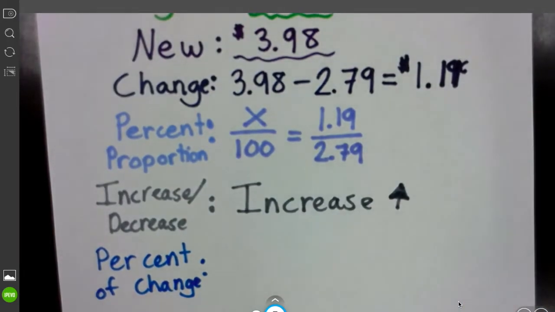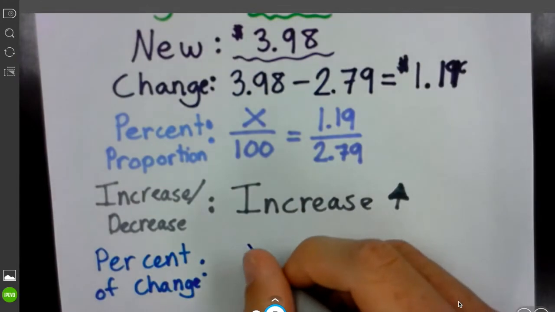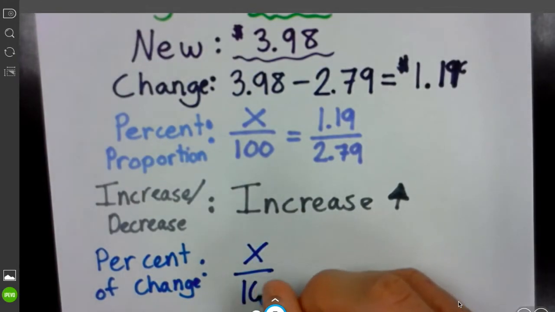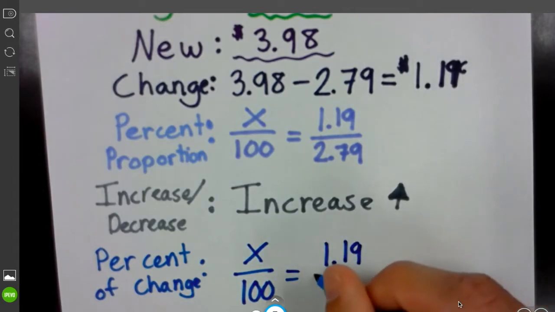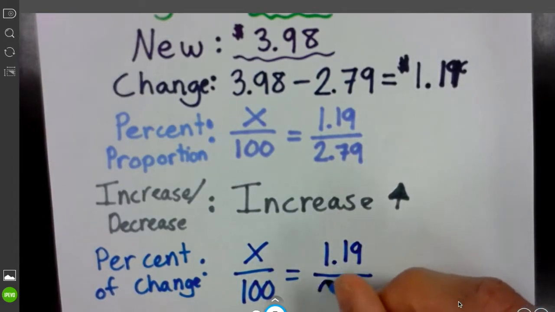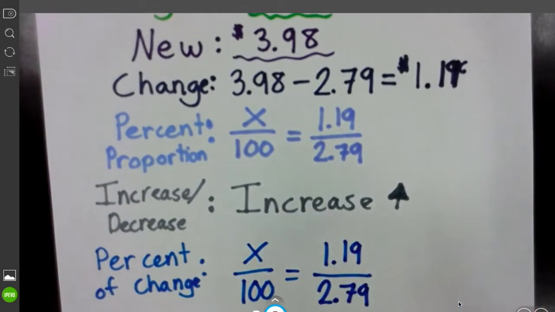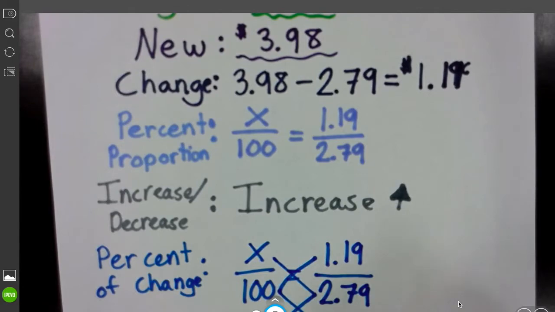But now let's find that percent of change. So let's solve this. Let's rewrite the proportion: x over 100 equals $1.19 over, so the amount of change over the original amount, $2.79. Okay, so let's cross multiply. So we're going to have 279x equals 100 times 119.